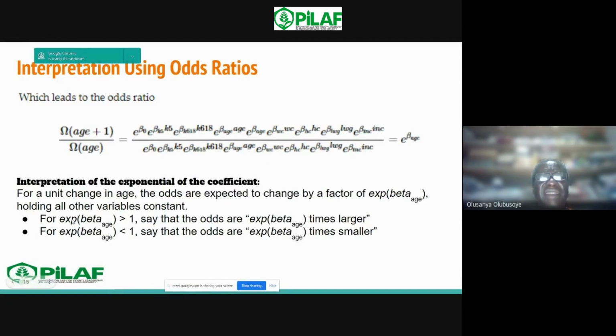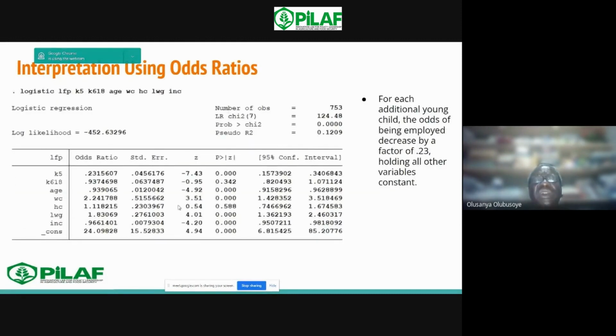And if that exponent is greater than 1, we normally say that the odds are that value times larger. And if it's less than 1, we always say that the odds are that value times smaller. So the odds ratios have a multiplicative property in a way. So how do we demonstrate all this?